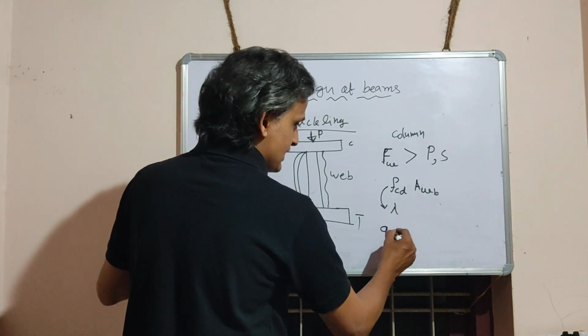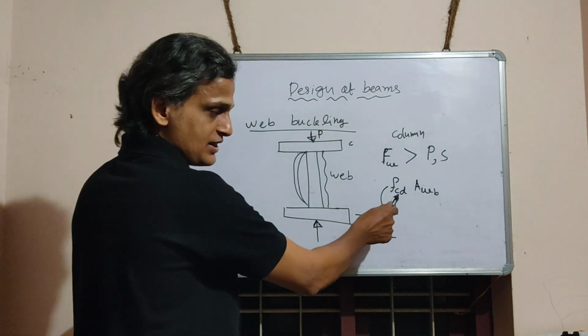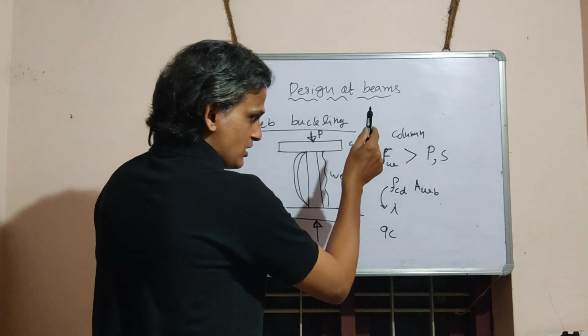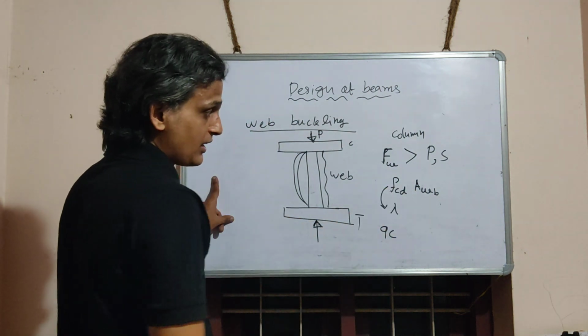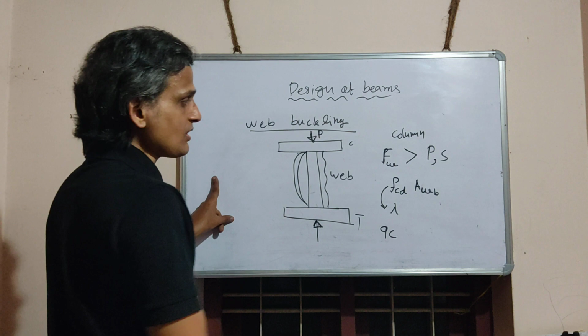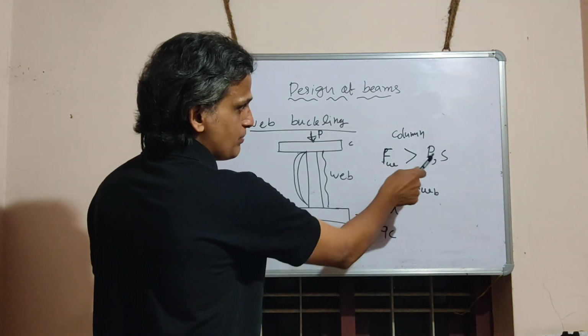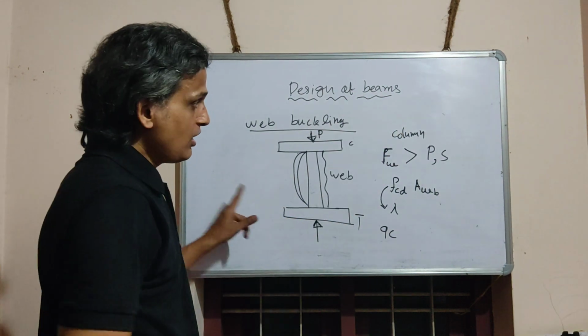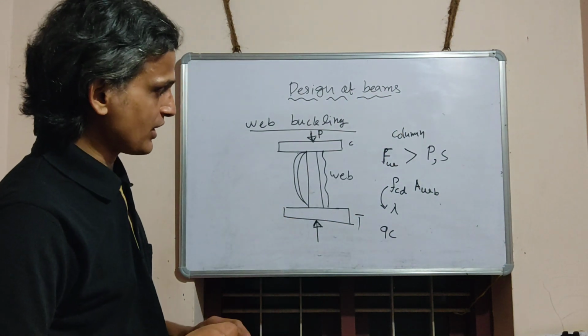From table 9C of IS 800, we can calculate the value of FCD. Then multiply it with this web buckling area, we will get the web buckling load. That strength should be greater than the external concentrated load or support reaction.